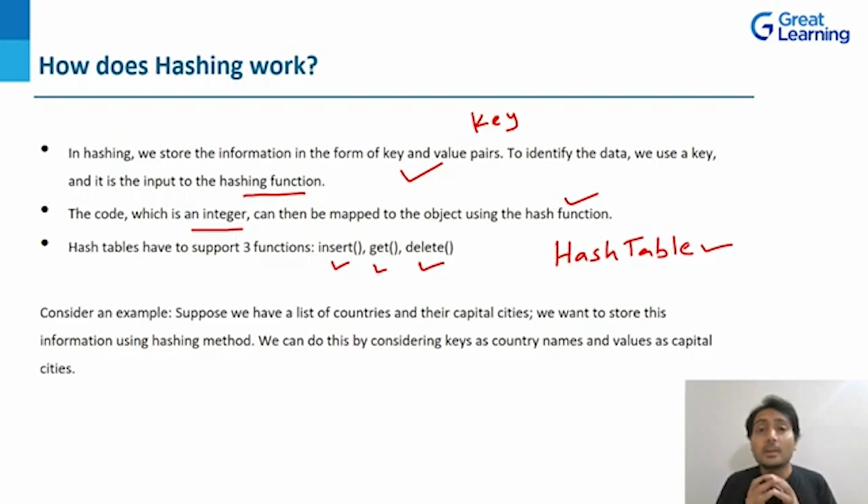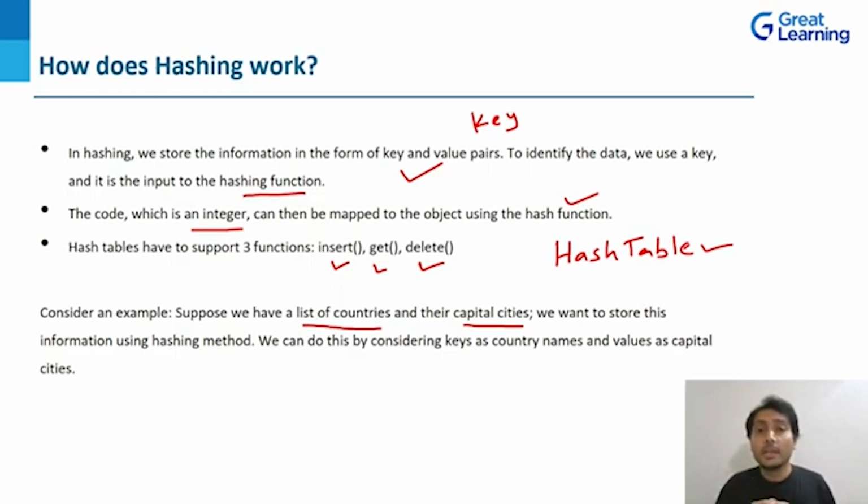Now the thing is, how does it work? Let me take an example. Suppose we want to store a list of countries and their capital cities. So how do we apply hashing to this? What we can do is consider the country names as keys and the capital cities as the values.